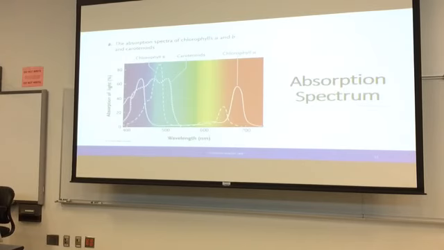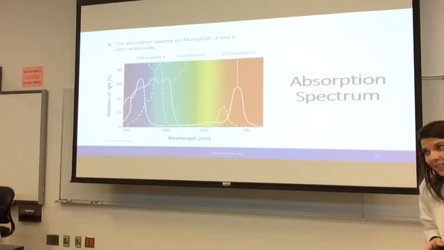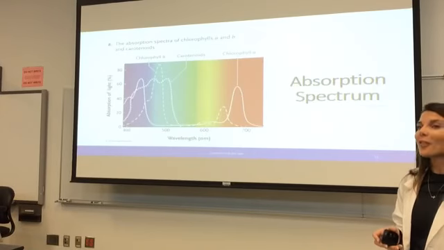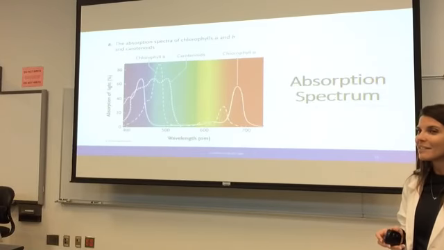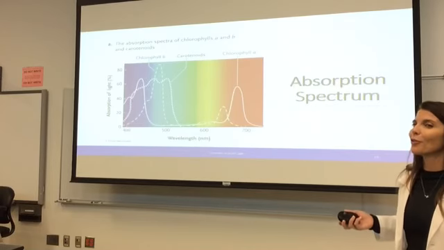Can you tell me why it's not 550? What does it do with green light? It reflects it. So if it reflects it, it doesn't absorb. Why does it reflect green?